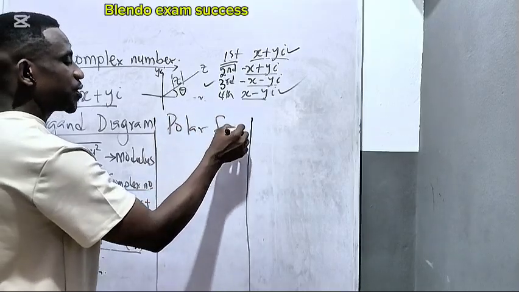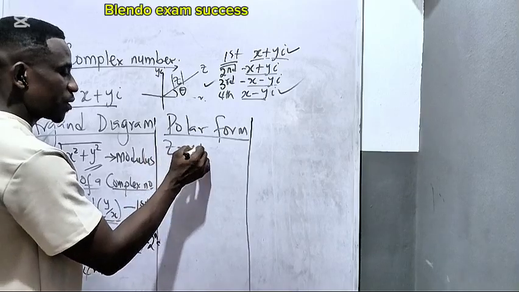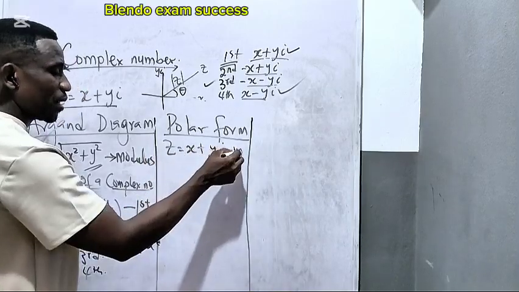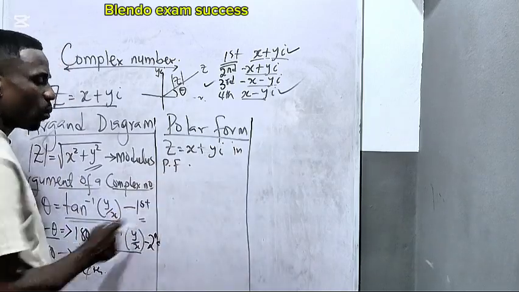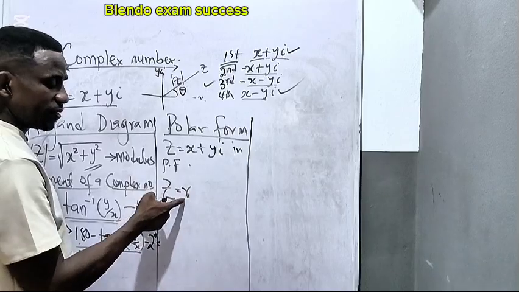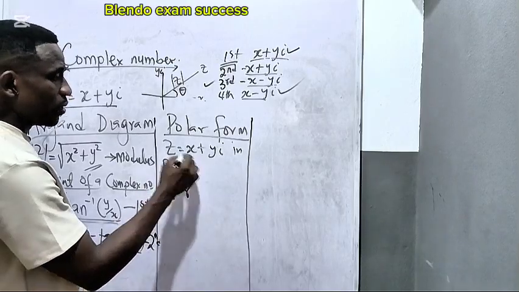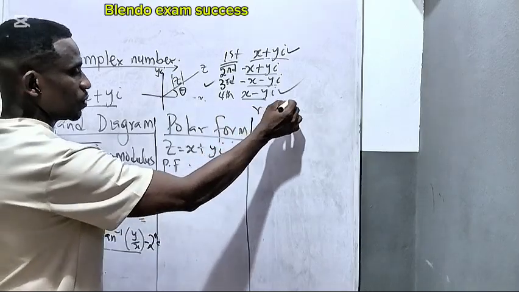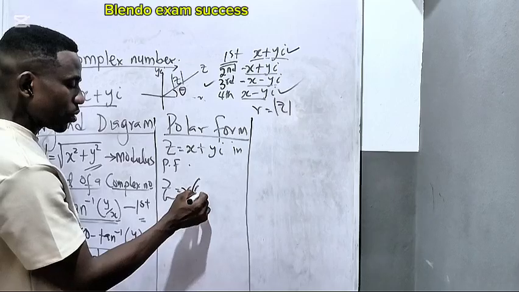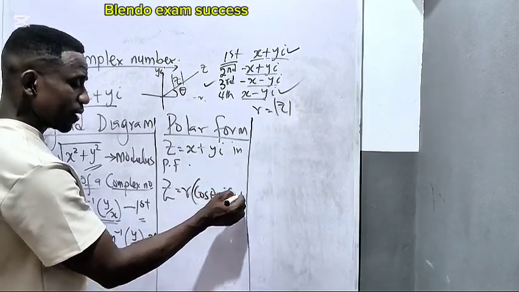When you are asked to express a complex number in polar form, this is a complex number. Express this, x plus yi, in polar form. What will you do? Polar form, first of all, is r, where r is the modulus of z, the same thing as r. Okay, remember that r is equal to modulus of z. So r into cos theta plus i sine theta.